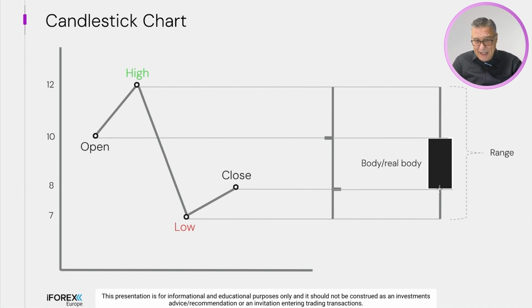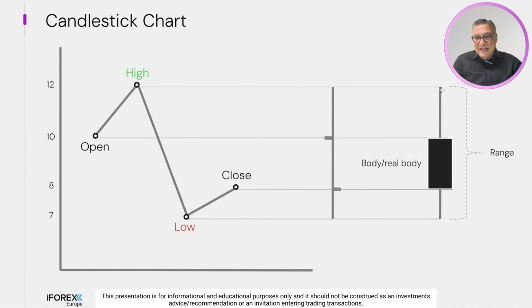Similarly, on a candlestick chart, the high and the low are situated at the highest point of the vertical line of the upper shadow in candlestick terminology, and the low price is shown at the bottom of the lower shadow. Now, since the close price is lower than the open price, it implies that there are more sellers than buyers, and that may be shown with a black real body, right?